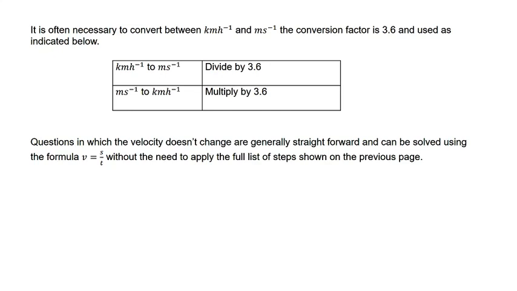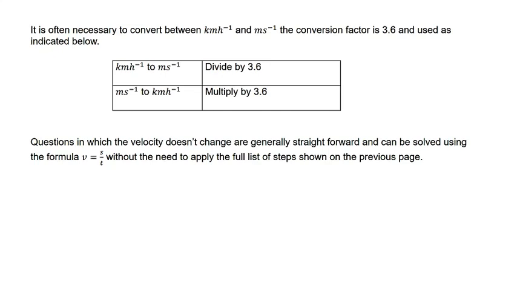So we know that meters per second is generally the units that we use. Sometimes you get a question in kilometres per hour. If the entire question is in kilometres per hour and kilometres and hours, then you can stick with that. But if you've got some things in meters, some things in seconds, some things in kilometres per hour, you need to convert them all to the same unit. And generally, we always convert to meters and seconds.